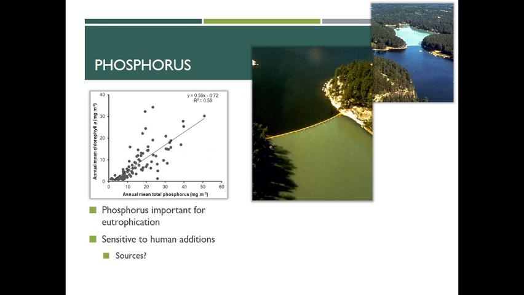There are some really interesting studies where they look at annual mean phosphorus, and there's a really close correlation, well, for ecology, a relatively close correlation, where you get an increase in productivity. This productivity is measured by how much chlorophyll is actually in the water.